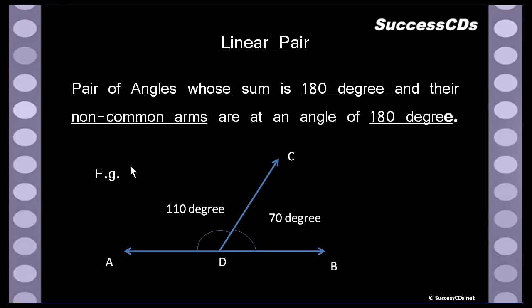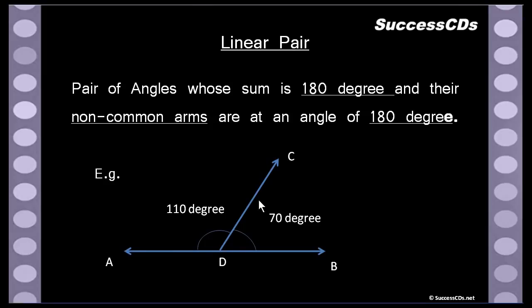Take for example, here we have two angles, angle ADC and angle BDC. Now see very carefully, D is the common vertex of both these angles.